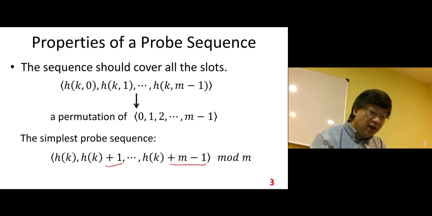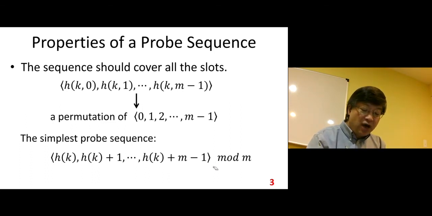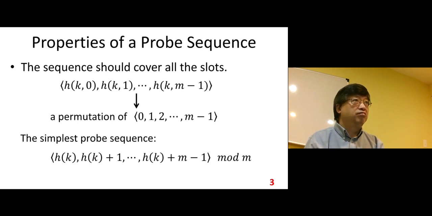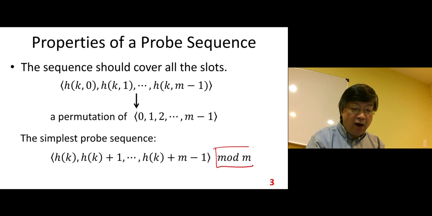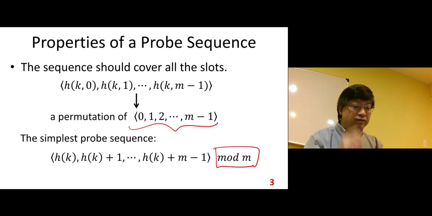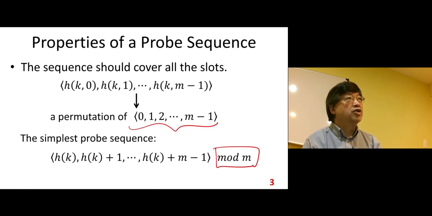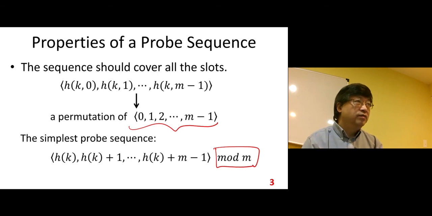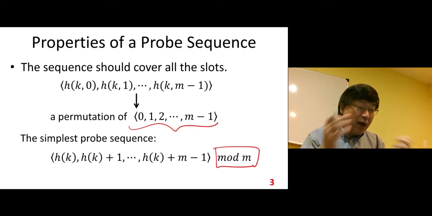So you can see this sequence covers all the slots. This sequence, don't forget mod m, gives a permutation of all your slot numbers. So it's not very hard. Easiest way to get that property.